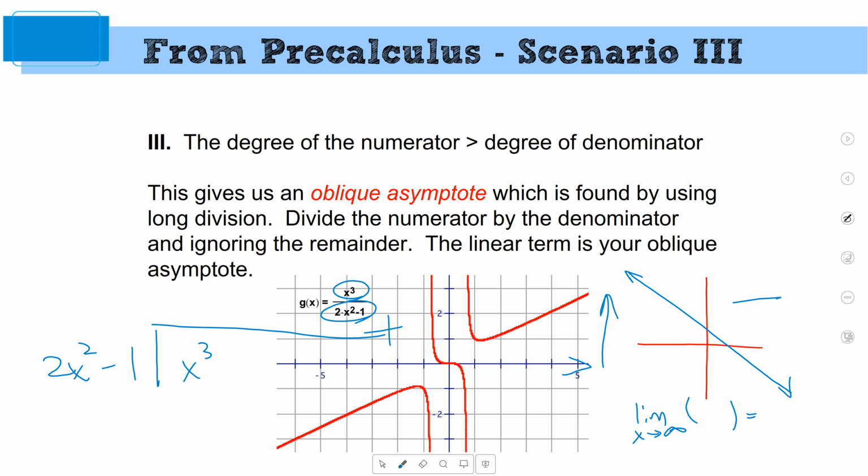If I divide x cubed by 2x squared, will I get a positive or a negative answer? Positive. Why are we on the struggle bus there? Positive, yes. A positive divided by a positive is positive. So this tells me that I have a positive slope.